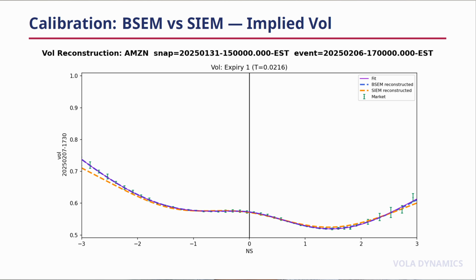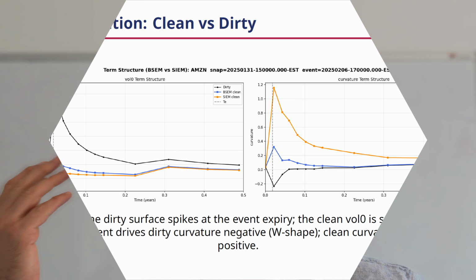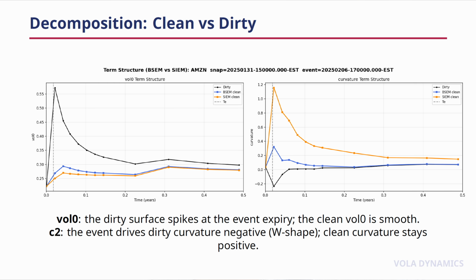Knowing the parameters of the jump distribution, we can take the dirty volatility surface and reconstruct the clean volatility surface. Having the clean volatility surface, we can again add back the jumps on it and reconstruct the volatility surface from this model and compare this to the option prices or to the dirty volatility surface.